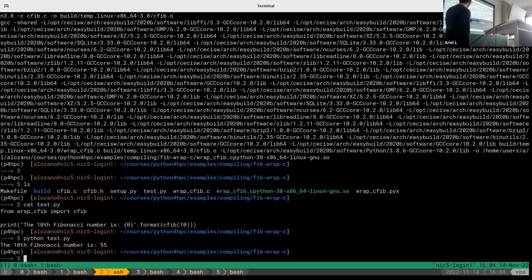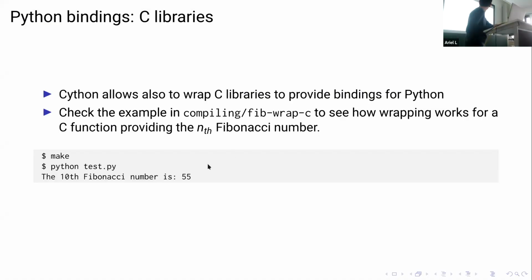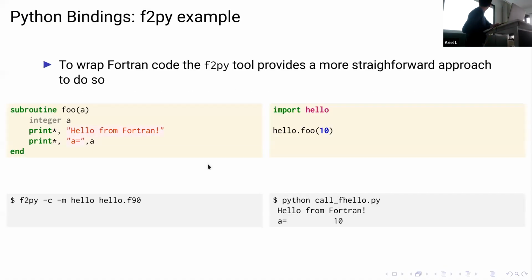In this case, the library is written in C, but there's another tool for the case where we already have, for example, Fortran code doing part of the computation that I need for my problem. It's provided with NumPy. When you install NumPy anywhere, there's an extra tool provided with the NumPy project.